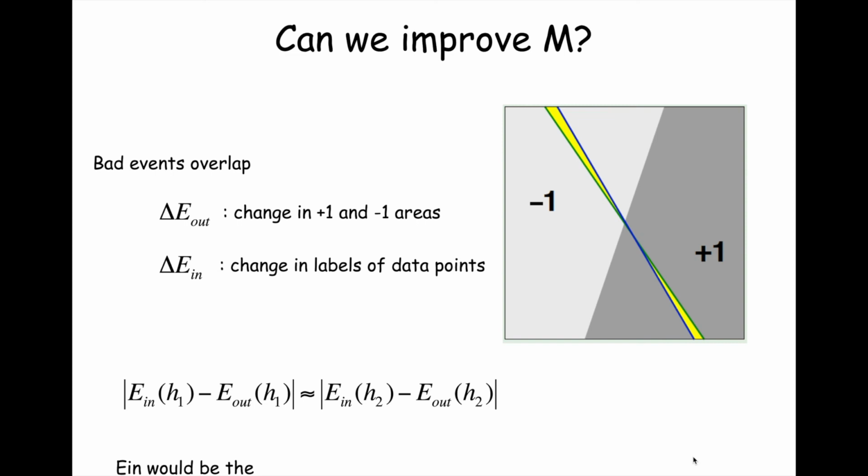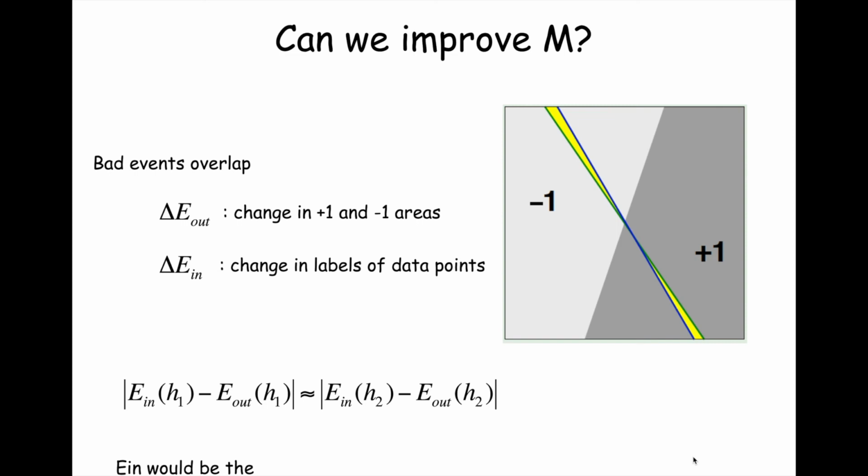Moreover, they're oriented roughly the same. They're a little bit different, but they differ in their out of sample error, right? And so if we look at the difference in their out of sample error, that's where this yellow shaded region is concerned. This yellow shaded region corresponds to the difference in out of sample error between the green hypothesis and the blue hypothesis. Does that make sense? Any questions about this? No?